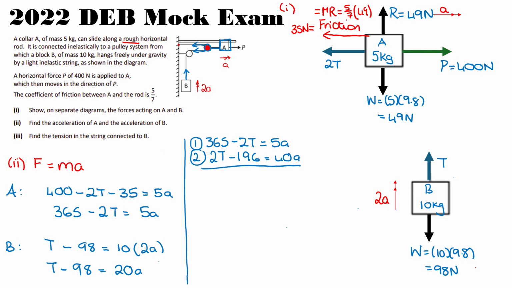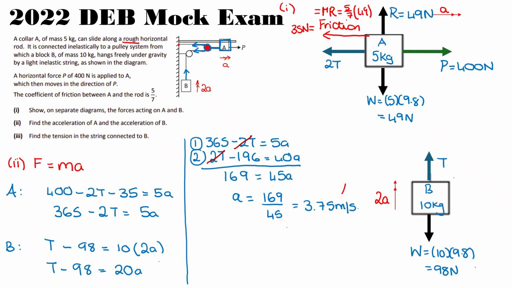And what that does is it allows us straight away to add these two equations and remove that T, or the 2T there. So we get 365 minus 196, which gives us 169. That is equal to 45A. Therefore, our value of A is 169 divided by 45, which gives us 3.75 meters per second.